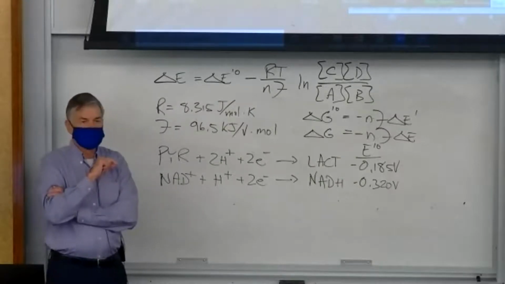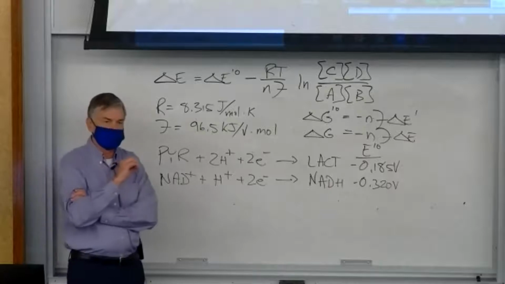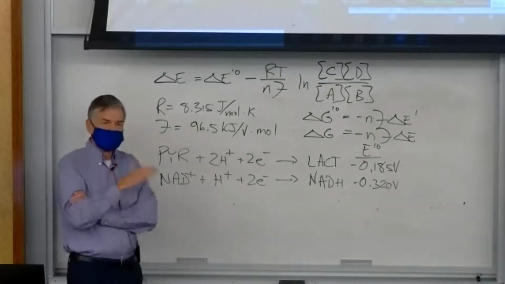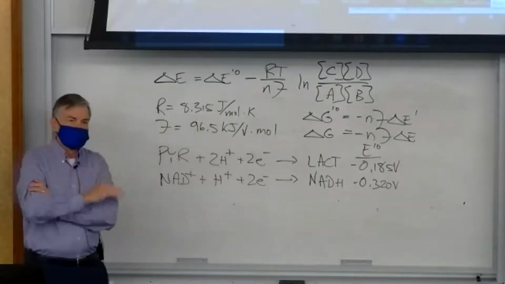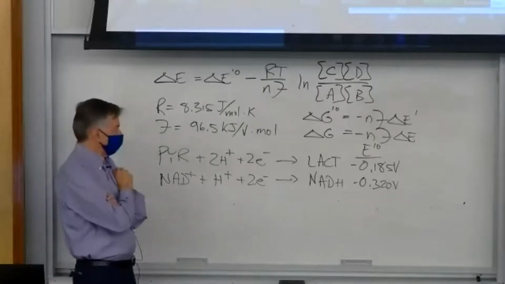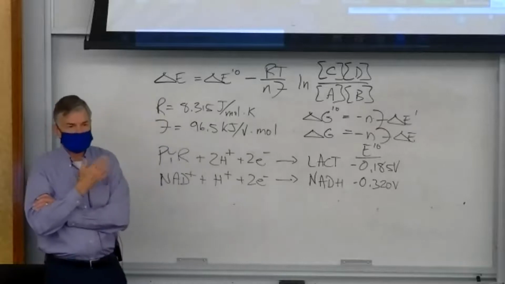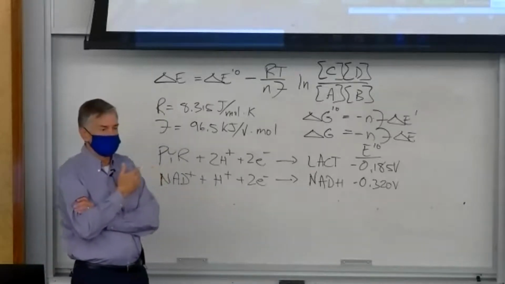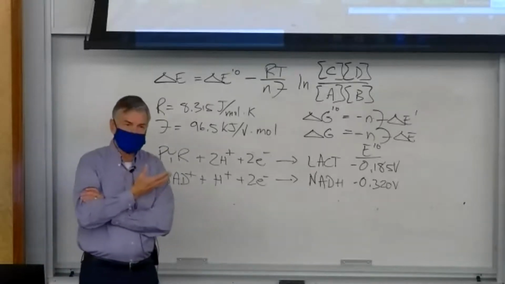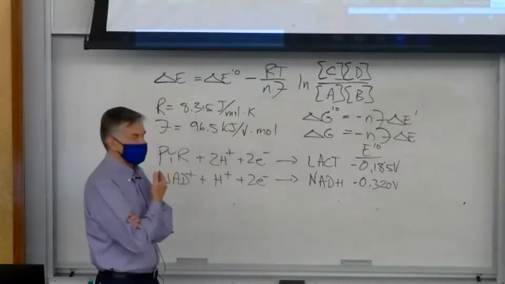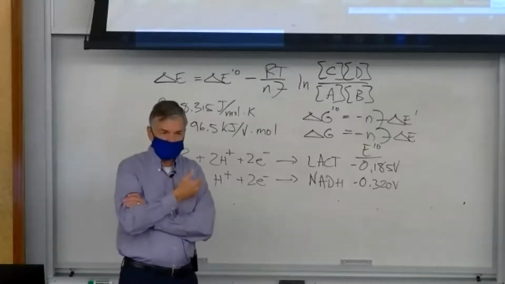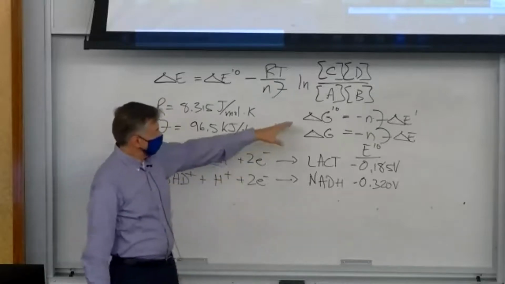So unlike delta G, where a negative number indicates a release of energy, a tendency to go spontaneously, in the case of delta E or delta E prime 0, it's a positive number that indicates energetic favorability. And that can be seen here.